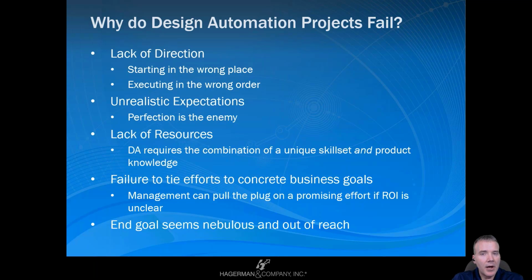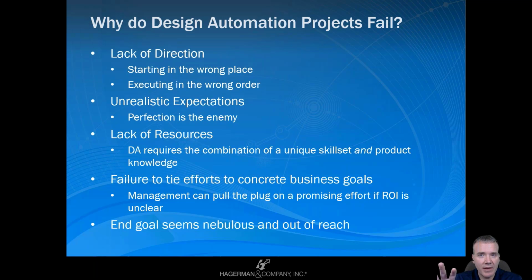And then another reason why it can fail, and we talk to customers about this a lot, they say we need a website where someone comes to the website, they build their configuration, and then they get a drawing out of it, or they get a price out of it. If you've not even started on the path, that end goal is definitely the end goal, and it can be very hard to reach, and efforts often falter.